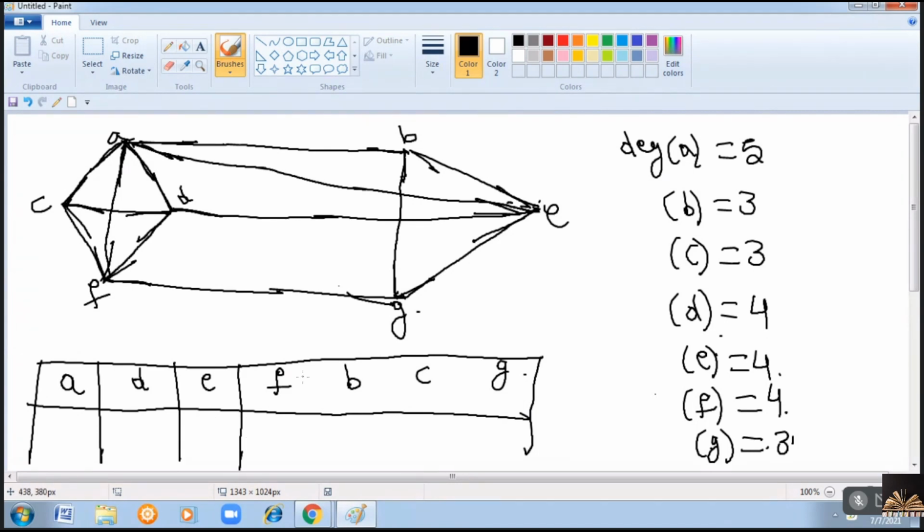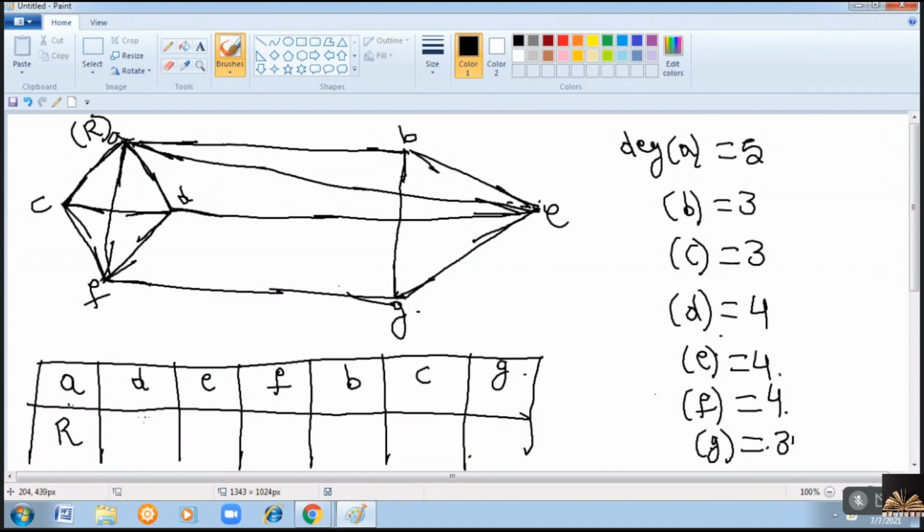Next step is to color the first vertex with a new color. Let us suppose I have colored A, the first vertex, with a new color. Move down the list and identify the vertices which are not adjacent to this colored vertex, to color with the same color.